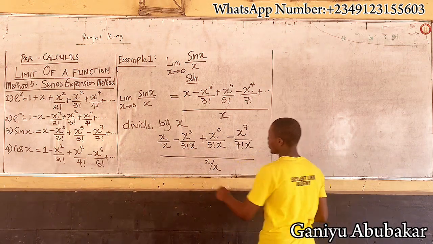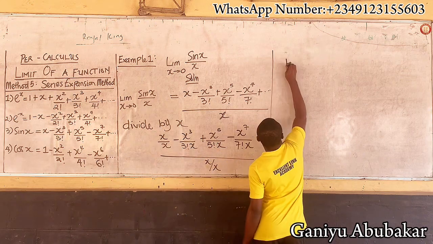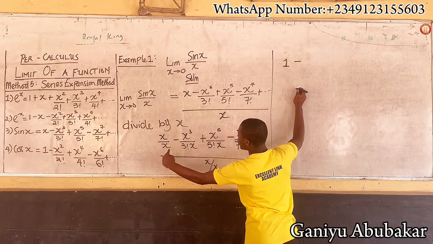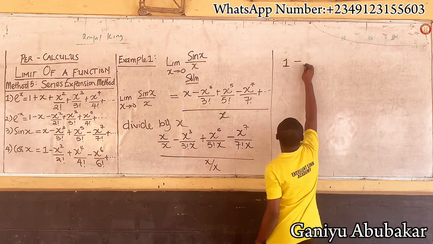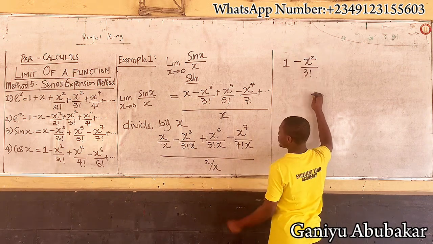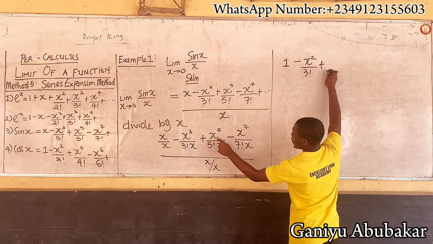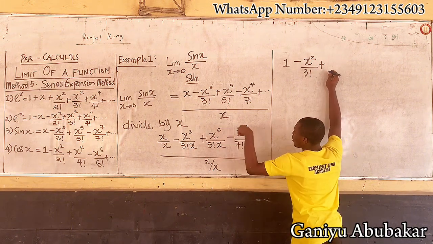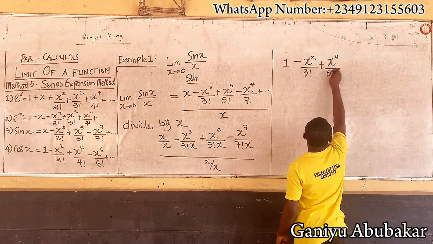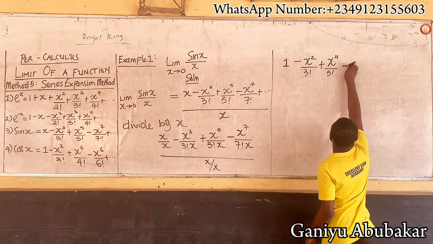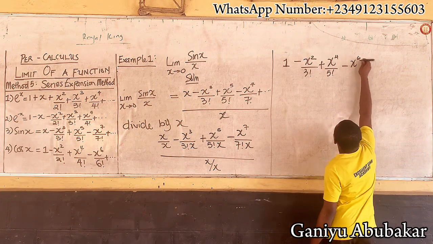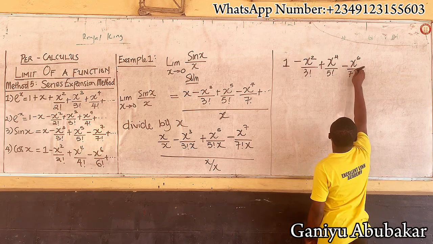From here, x cancels x, I'll have 1, minus x cubed. If x cubed cancels just one x, I'll have x squared left, so I have x squared over 3 factorial, plus x to the power 5 over x. This cancels this, I'll have x to the power 4 left, x to the power 4 over 5 factorial, minus x to the power 7 cancel x, that becomes x to the power 6 over 7 factorial.